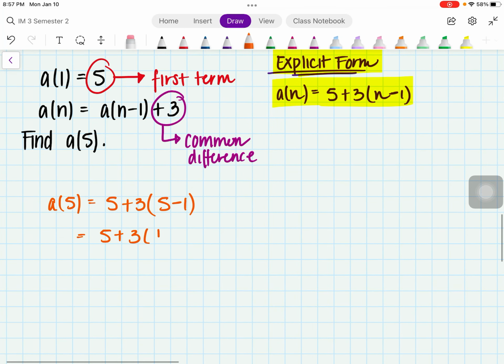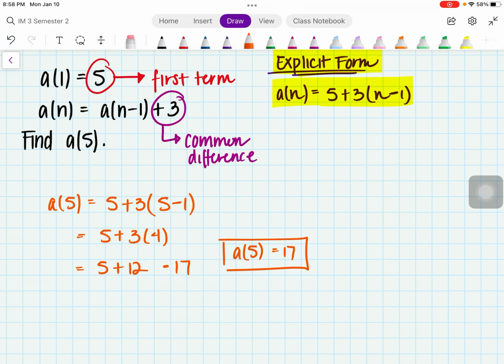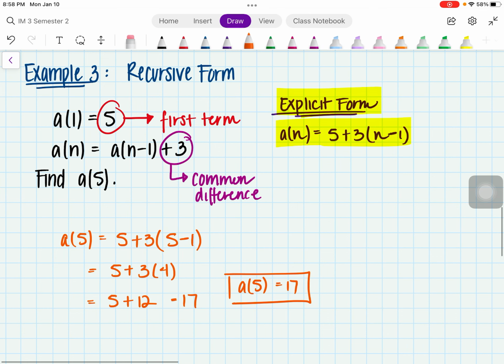So in this case, that's 5 plus 3 times 4. 3 times 4 is 12, and that would give us 17. So a of 5 in this case equals 17.